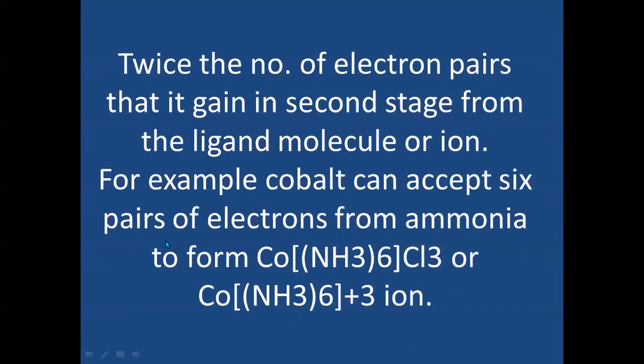But when it gains electrons, it will be in pairs, an even number, 2, 4, 6 like that. For example, here it is accepting 6 pairs of electrons from 6 ammonia molecules. Therefore, 6 into 2, 12, is the secondary valency of this.